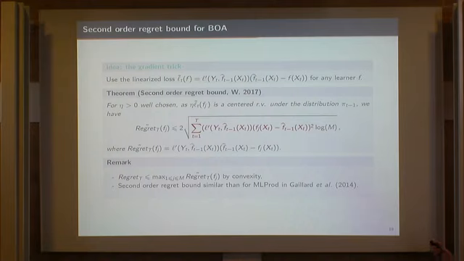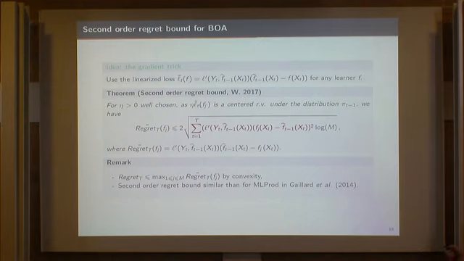So I use the difference between the prediction and my aggregation. That's another trick, which is called the gradient trick. And that then gives you a new bound on the linearized regret, which I call regret tilde.